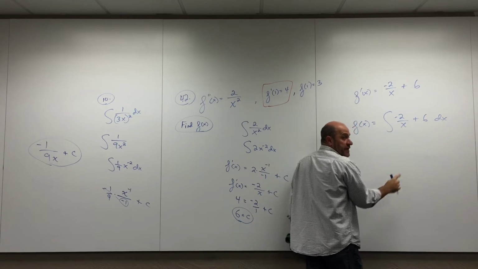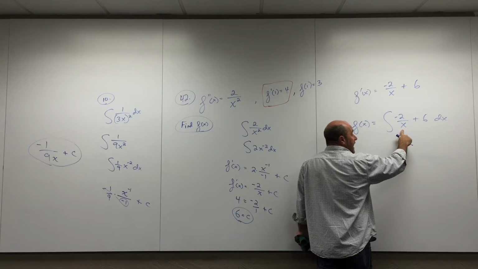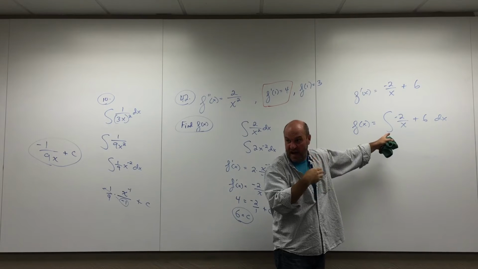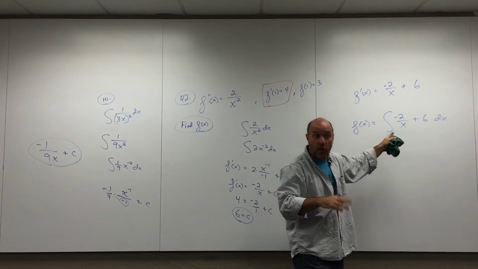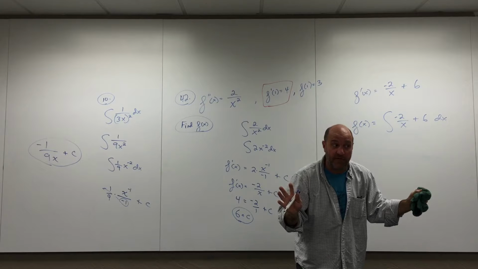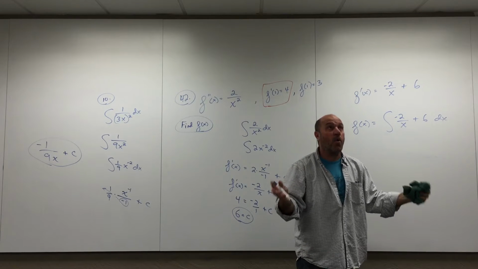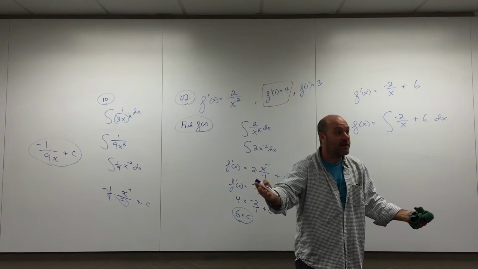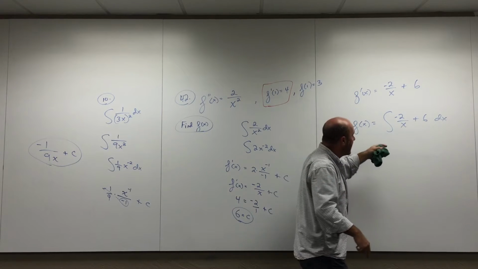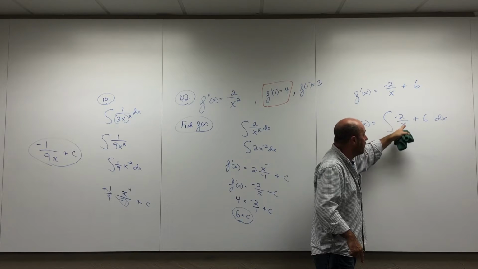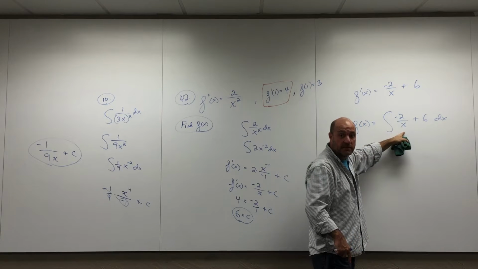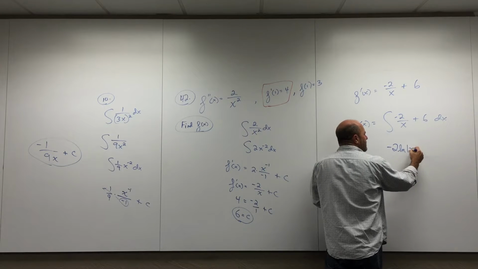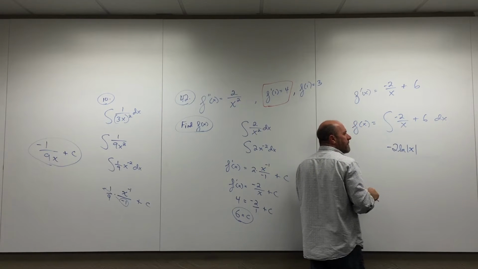We're all kind of new at this, but if you think of it as 1 over x with the 2 pulled out of the way, 1 over x is a famous derivative of somebody. 1 over x was the derivative of ln of x. So if I'm going backwards and doing an antiderivative, the antiderivative of 1 over x is ln of x. So this is negative 2 ln of x. By the way, I'm supposed to put absolute value when I do that.